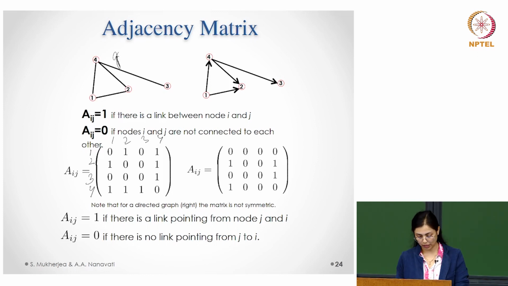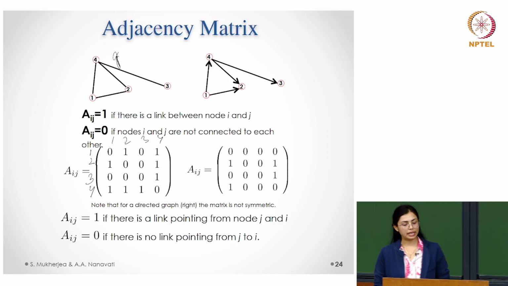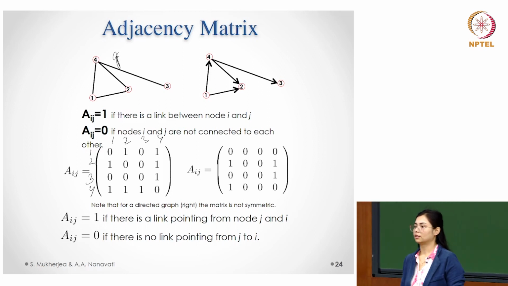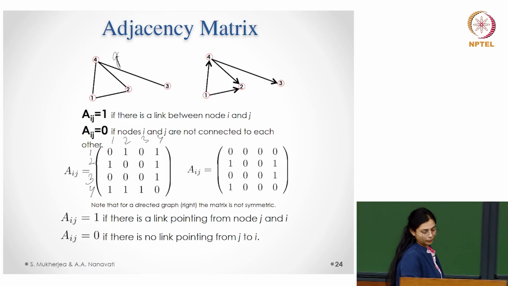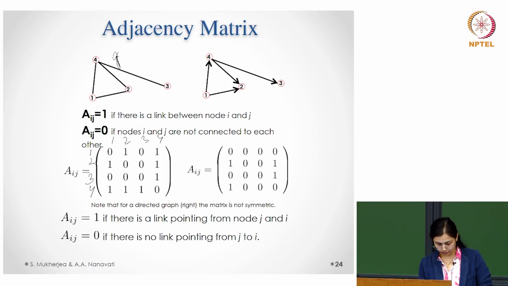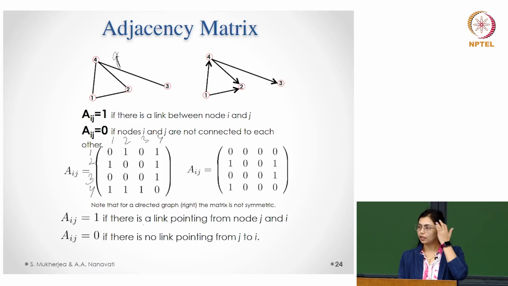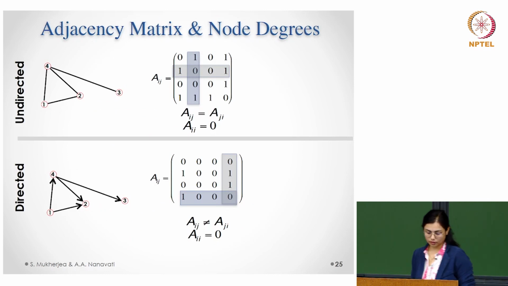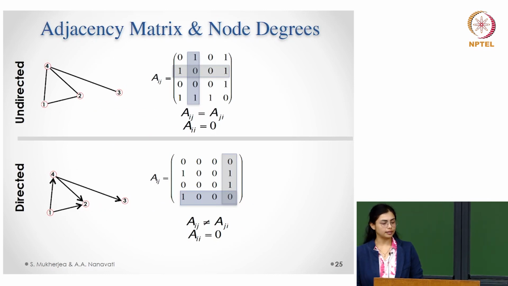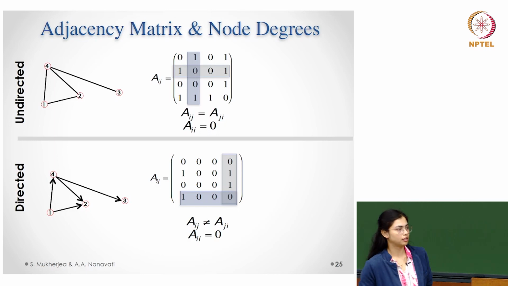So it's 1. From 1 to 3, there is no link, so it's 0, right? In case of directed, we will consider a direction. So this is the adjacency matrix for these two graphs. Similarly, this is another example of an adjacency matrix.